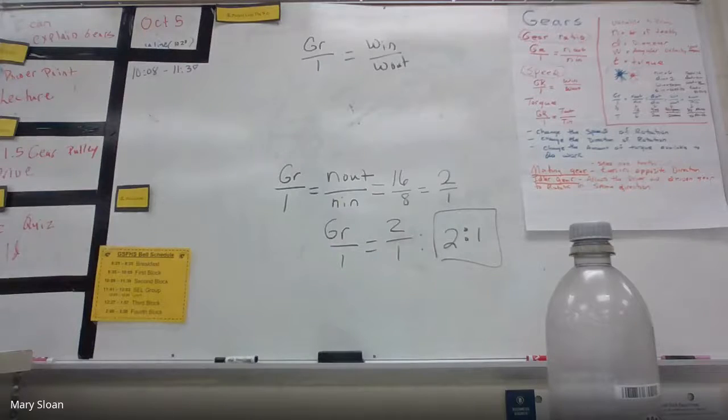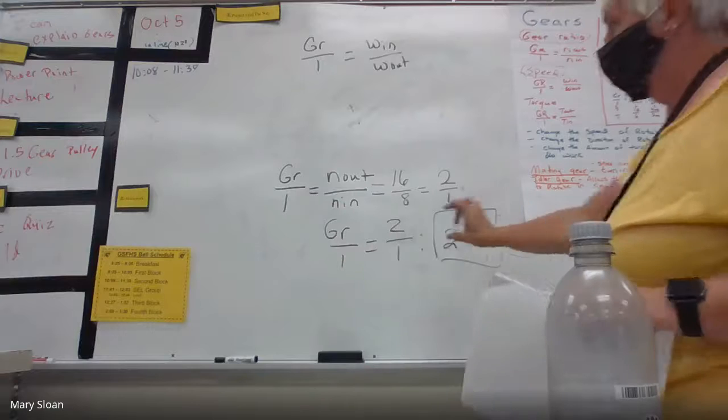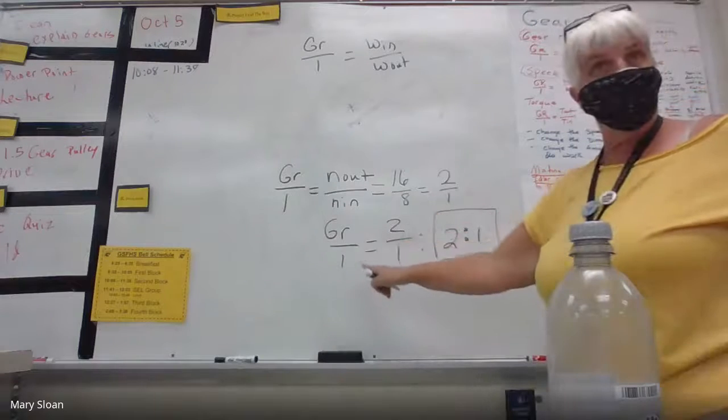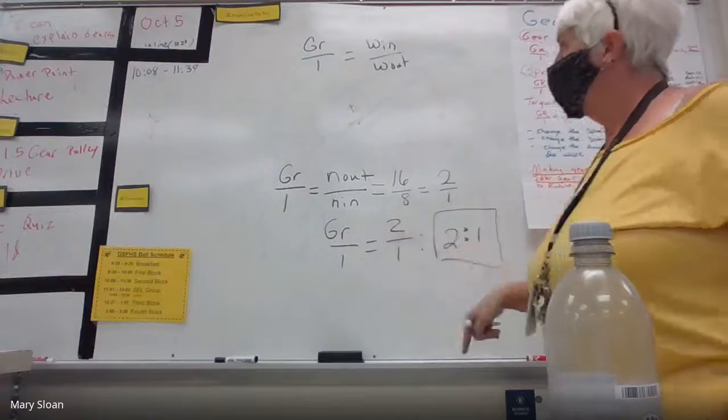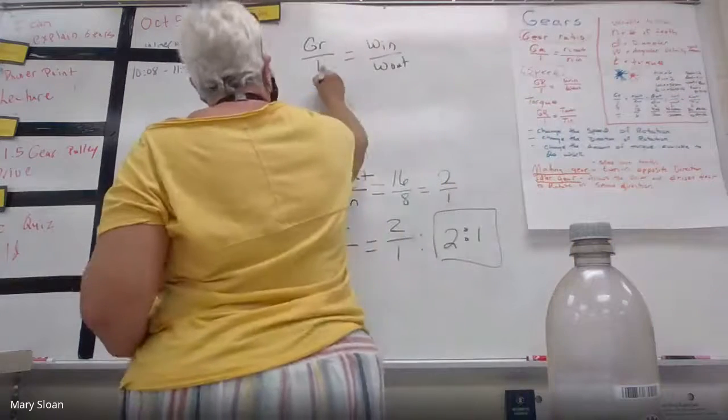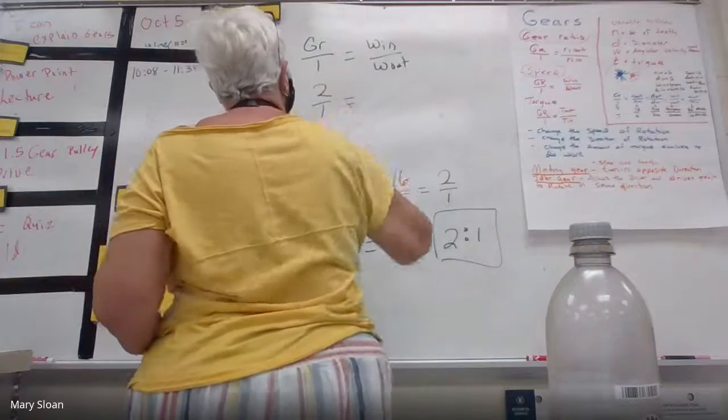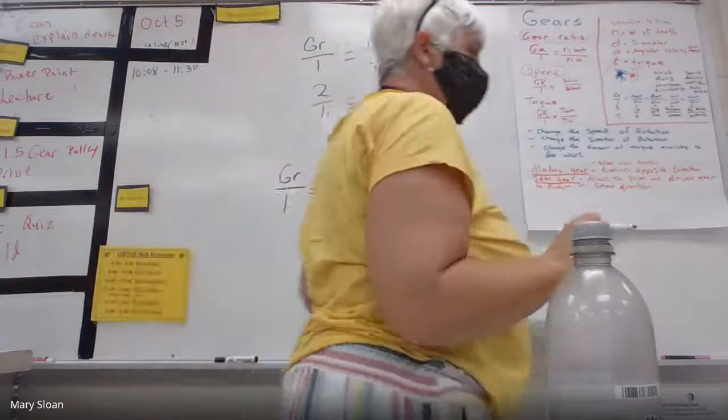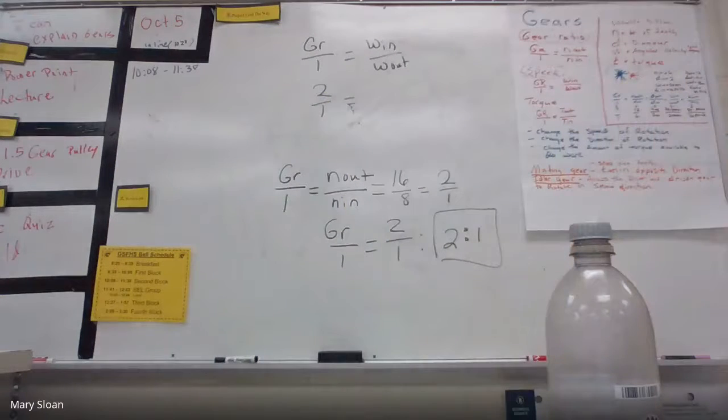What's my GR over 1? That's right. Isn't that what that says? Okay, so my GR over 1 is 2 to 1 equals, okay, what is my W in and my W out?